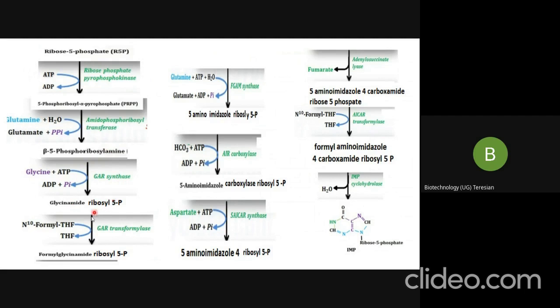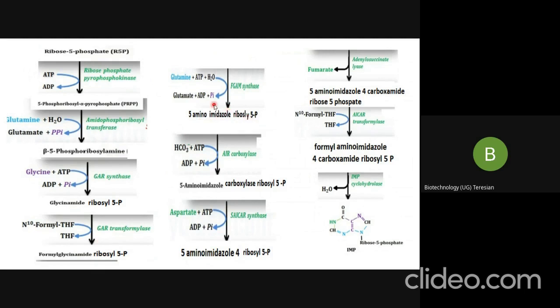This is followed by a formyl group being added, and formylglycinamide ribosyl 5-phosphate is formed in the presence of the enzyme formyl transferase. This is followed by another reaction wherein the glutamine transfers the second amino group to produce 5-aminoimidazole ribosyl 5-phosphate.